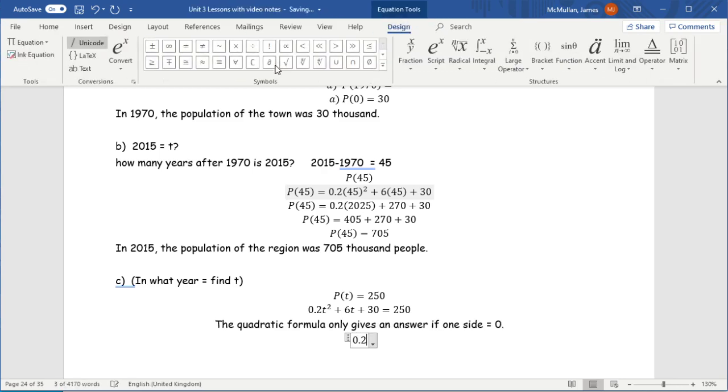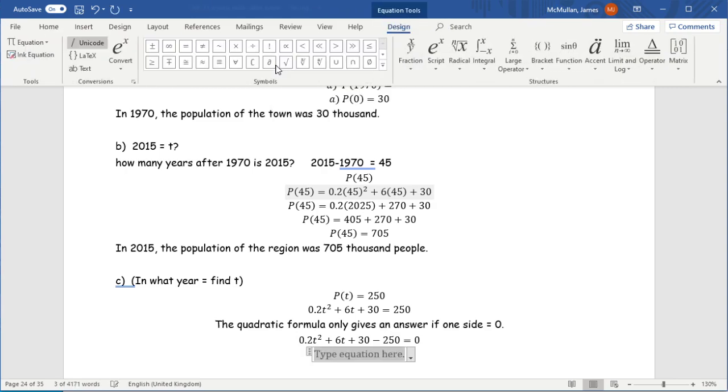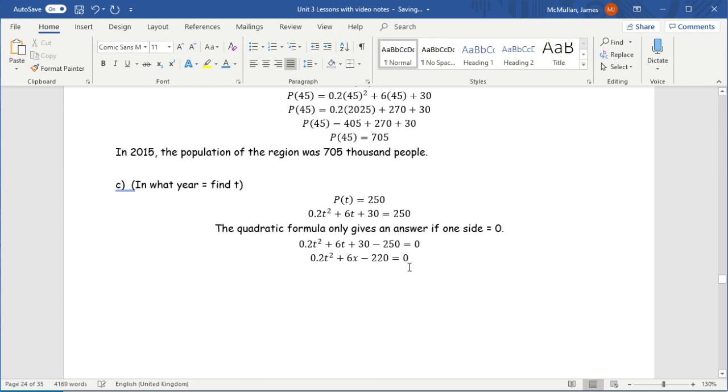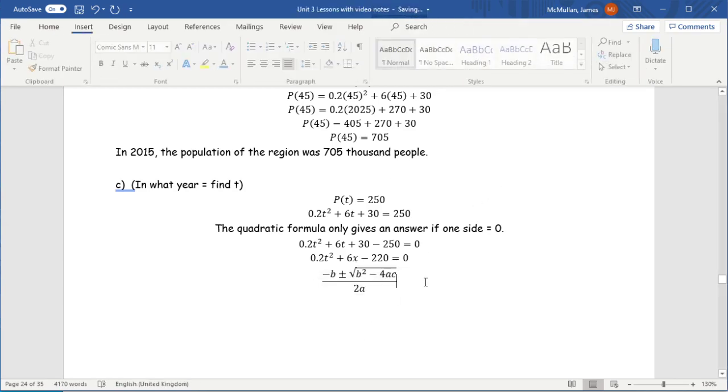So what we need to do here, we need to bring that 250 over to this side, which was the same thing as moving the graph down 250 units. So I end up with a new graph, right? I end up with this equation, and now I can try to use my quadratic formula to solve it. Okay? So my quadratic formula, again, that's what it is.